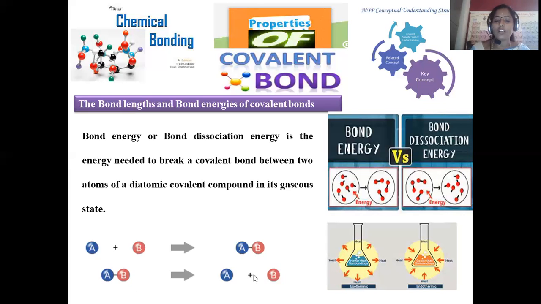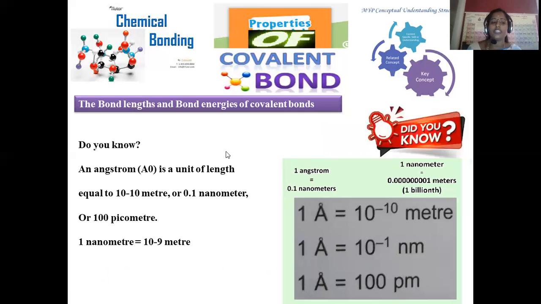Otherwise, an existing molecule can be converted into individual atoms, which is also denoted as bond energy. In both cases, if energy is released it is called exothermic, and if energy is absorbed it is called endothermic. That energy is denoted as bond energy, also called bond dissociation energy.